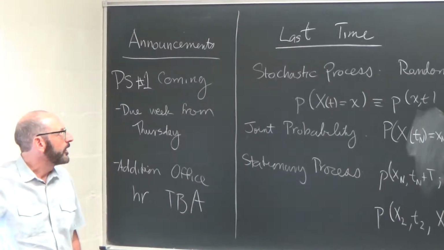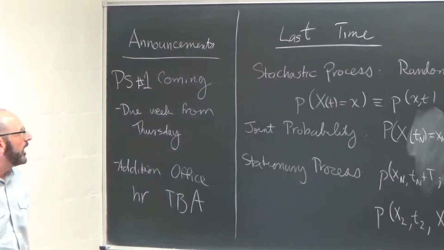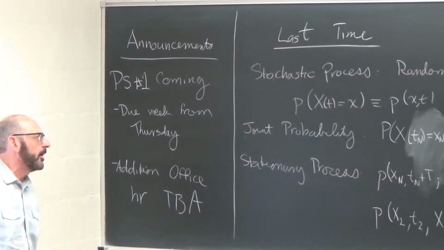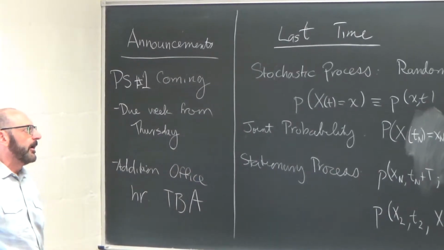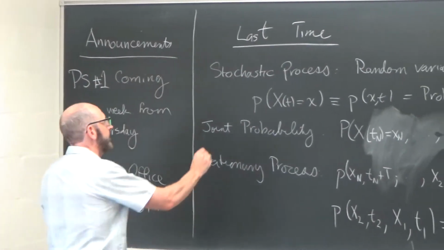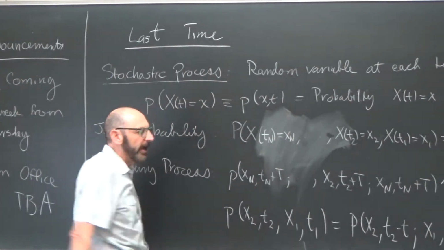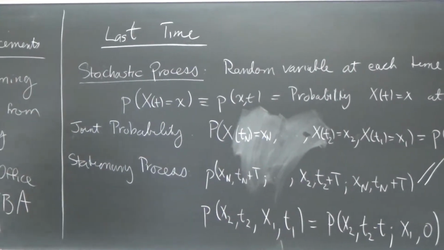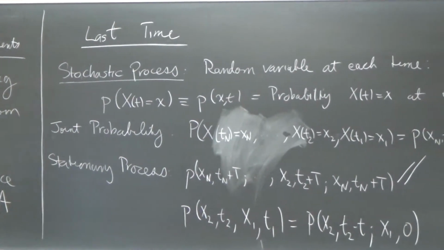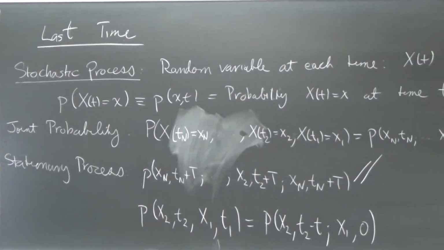Very good. All right, so last time we were talking about this important idea of a stochastic process. A stochastic process involves something happening as a function of time in a random way.